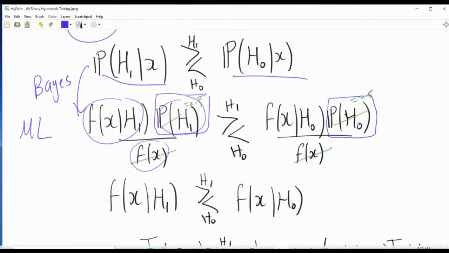Of course, if the priors are not equal, then you need to take them into account if your aim is to minimize the average probability of error. If those are different and you still go for the ML rule by comparing the likelihoods, your performance will be suboptimal.